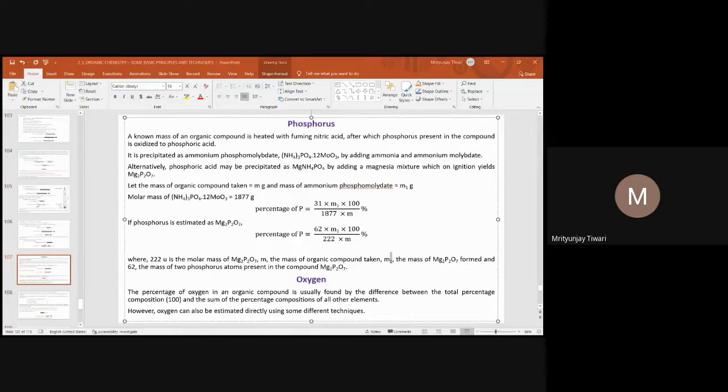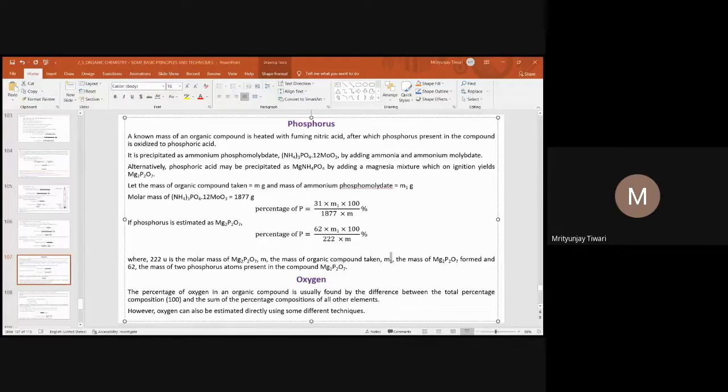Nowadays, estimation of elements in an organic compound is carried out using micro quantities of substances. We don't want to waste the organic compound. We just take a very small amount of substance, and automatic experimental techniques are already present. The elements carbon, hydrogen, and nitrogen present in a compound are determined by an apparatus known as the CHN elemental analyzer.